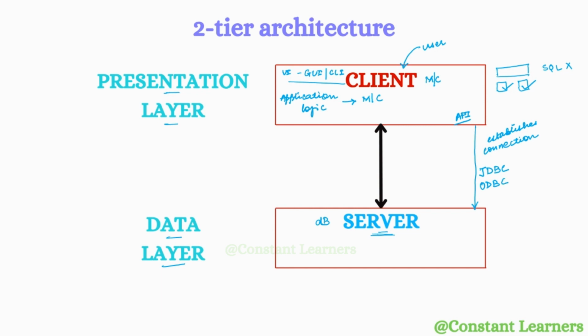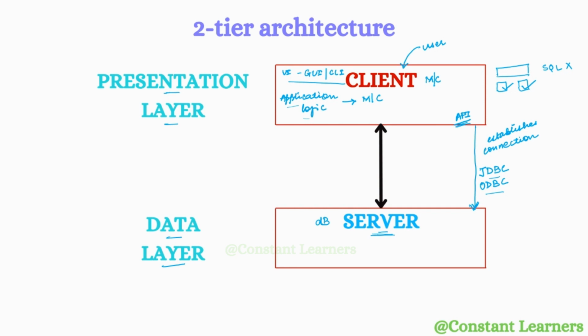So the client has a graphical user interface or command line interface, which is nothing but an interface that the user is using to enter the details. These details are then converted into a program using an application logic. The application logic is converting the details that the user is entering into a machine language. Then to establish the connection, the client machine has an API that establishes the connection with the database server through JDBC and ODBC.